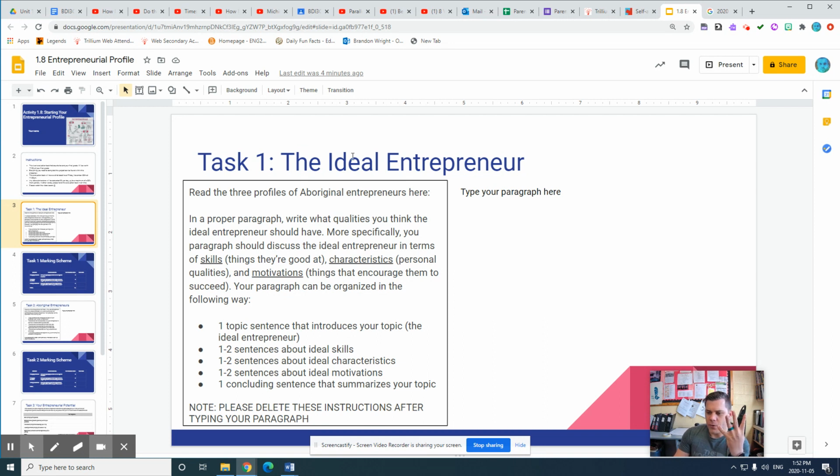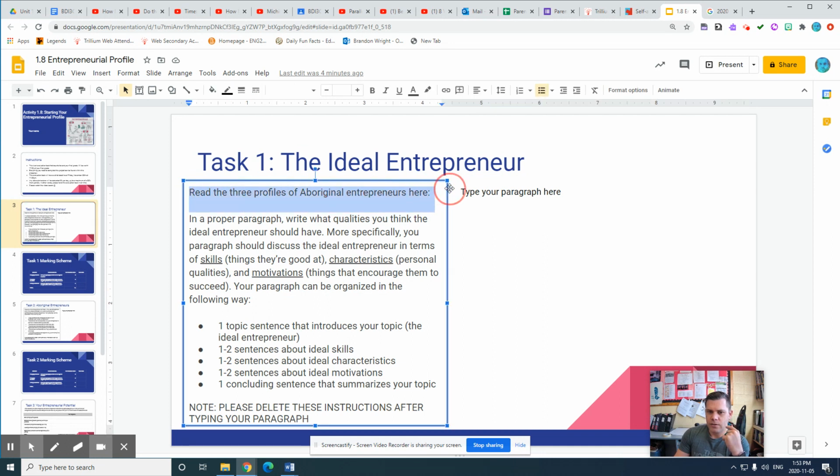There are 4 tasks in total, and the first task is to write a paragraph about what it means to be the ideal entrepreneur. I'm going to link an article right here, and it will contain 3 case studies of Aboriginal entrepreneurs.